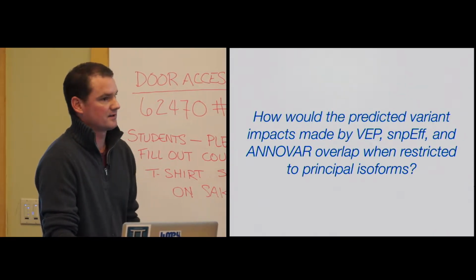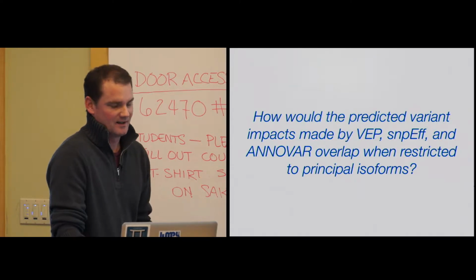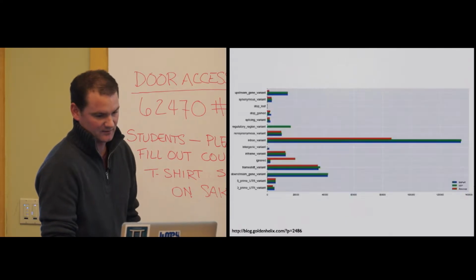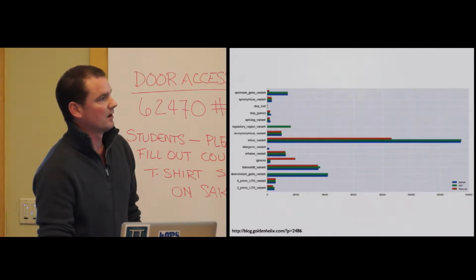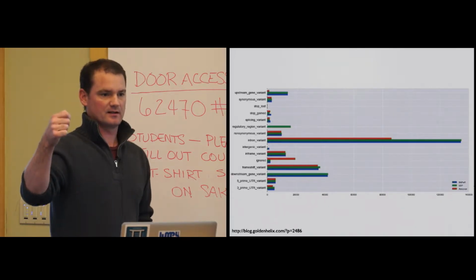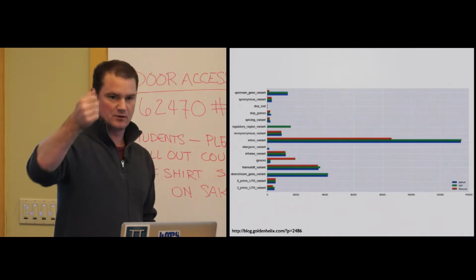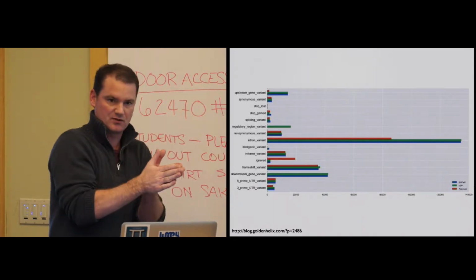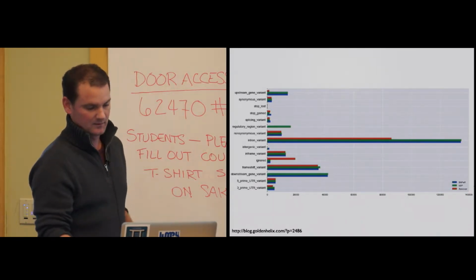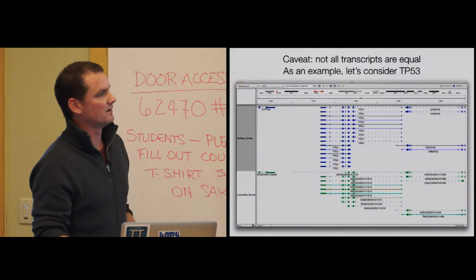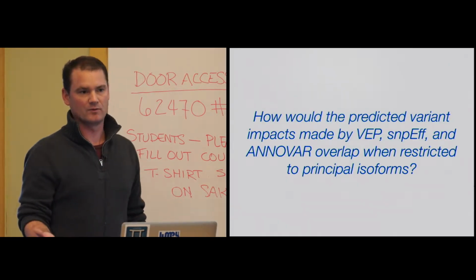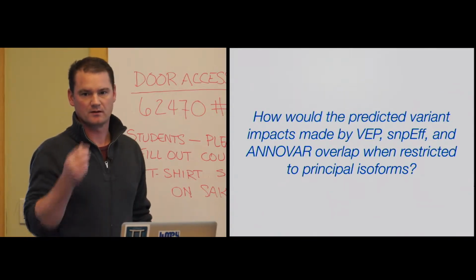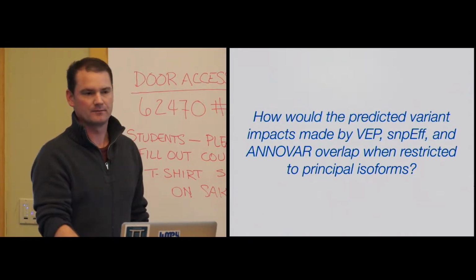I mean, the discrepancy here was pretty extreme, but presumably a lot of this has to do with the fact that they are choosing the most deleterious impact for a given transcript for a given gene. But if you just restrict the input to these tools to be the principal isoform for every gene, then do you think the overlap would be better or worse?